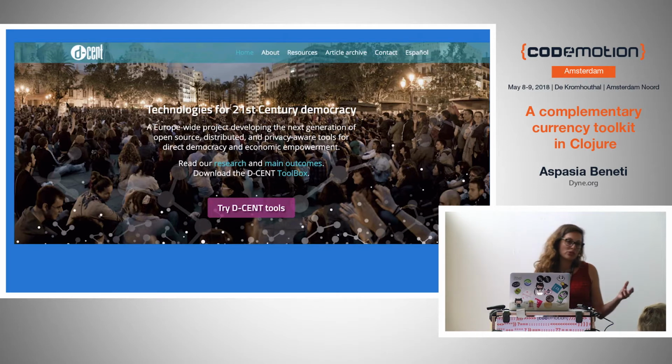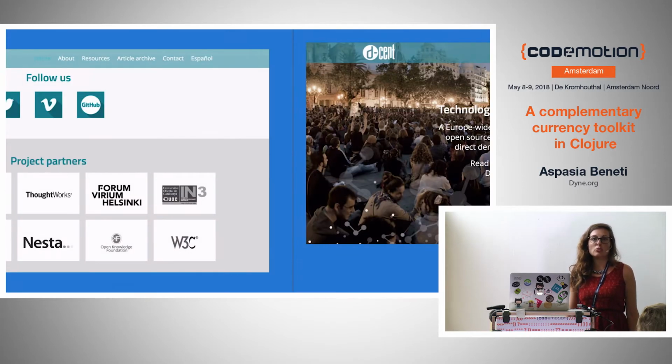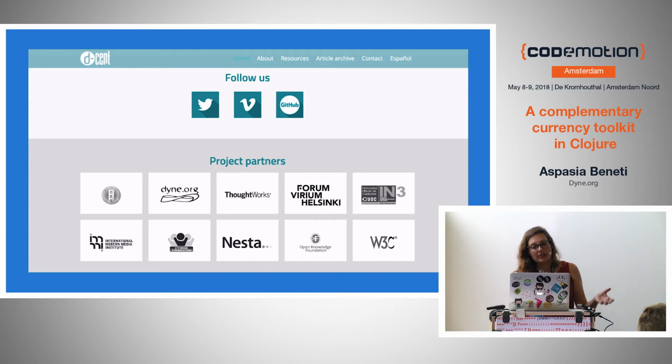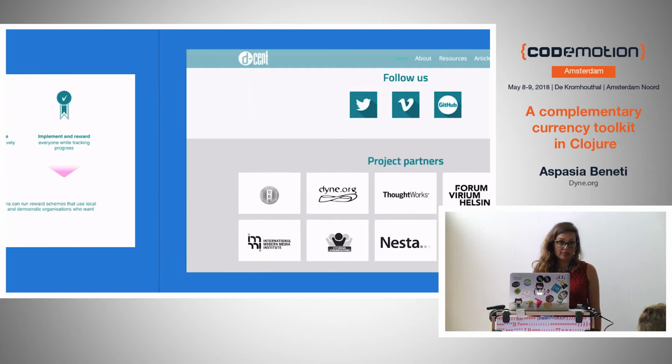How do these European projects work? Normally we form consortiums of different organizations and companies, each with different expertise, and we work on one goal. In Decent, ThoughtWorks, maybe something you know of, and Dyne were the technical partners. Together with other academic partners, they produced a number of tools.